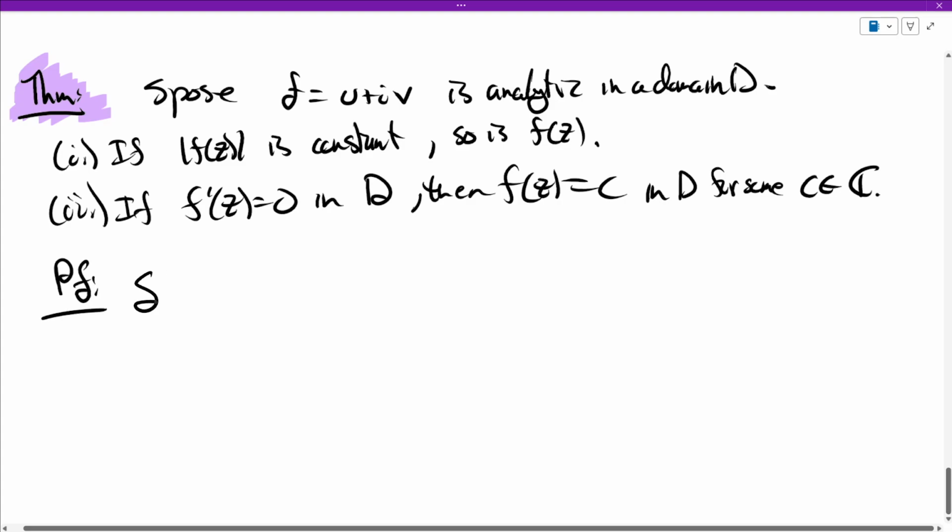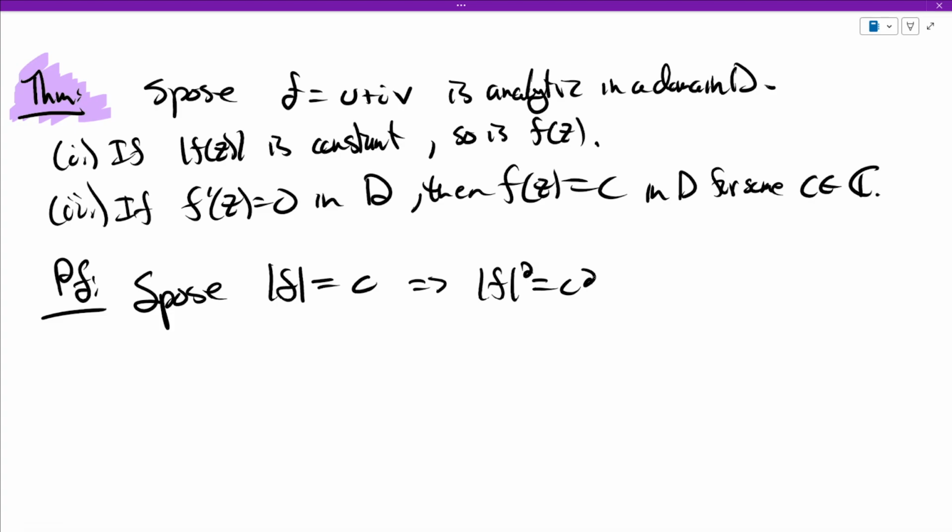So suppose that the modulus of f is constant. Now we're going to need to actually not use the modulus of f being constant. We're going to use the modulus of f squared being that same constant squared. And the reason is just that it's easier to differentiate the modulus of f squared versus the modulus of f.